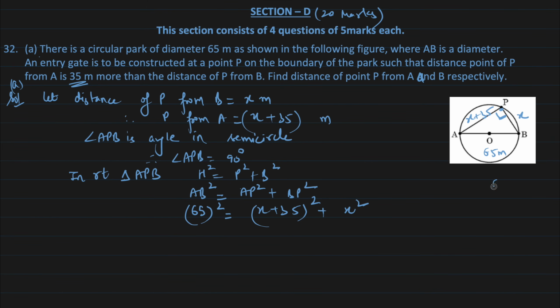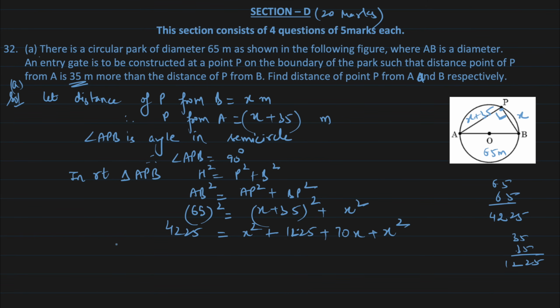65 का square करने का एक shortcut है. Use that trick. 5 5s are 25, 6 7s are 42. So 4225 equals x square plus 35 square. Again that's 25, 5 3s are 15, 3 3s are 9, 1225, plus 35 2s are 70x plus x square.